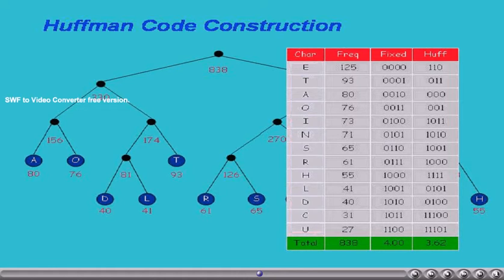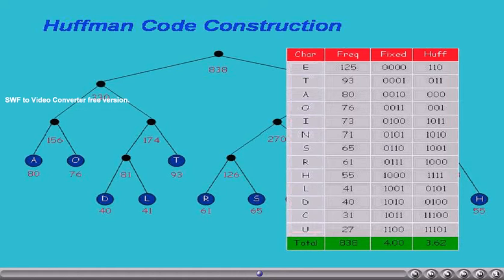If we verify, the length of the code for E, the symbol which occurs more frequently compared to other symbols such as U, is 3 bits, whereas U has 5 bits. Thus, we have seen the actual Huffman algorithm functioning.